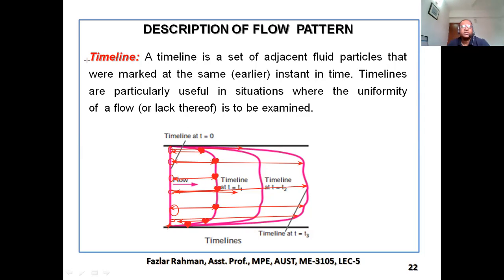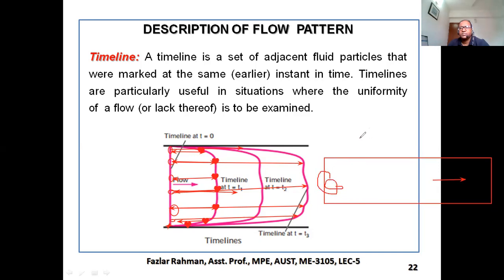Then you need to check the timeline. For example, take a glass tube with fluid flowing along this direction. You put some dye, some color, in the fluid right over here. Then you count where a fluid particle that came in here goes within 2 seconds.